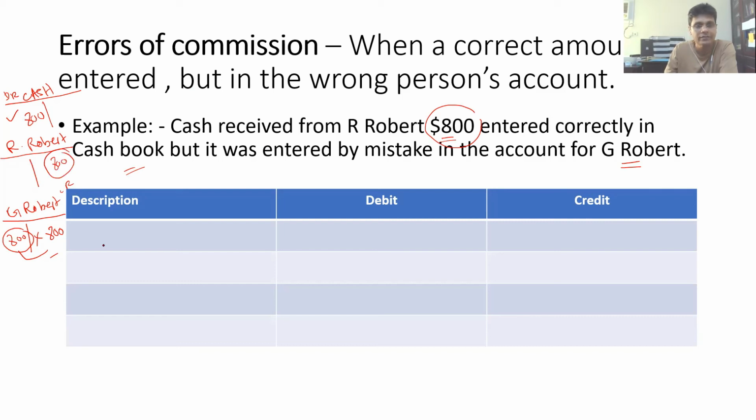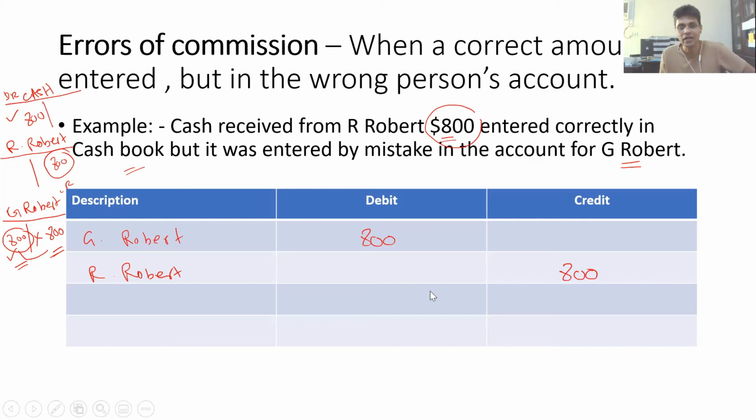So G. Robert, to make this account 0, you need to debit his account 800 and R. Robert should be credited 800. Very simple. So this is known as errors of commission. Is that clear?